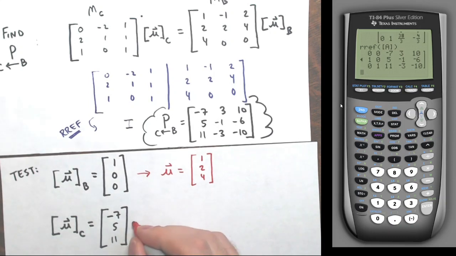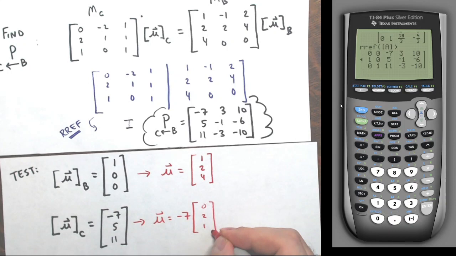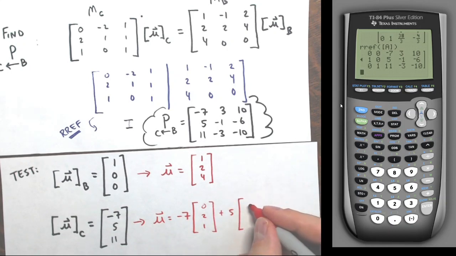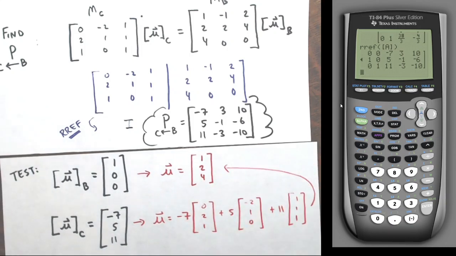Well, let's see if that's true. This means that U is equal to negative 7 times the first vector from C, which is 0, 2, 1, plus 5 times the second vector from C, negative 2, 1, 0, and then plus 11 times the third vector from C, 1, 1, 1. And do I get the same vector U back?